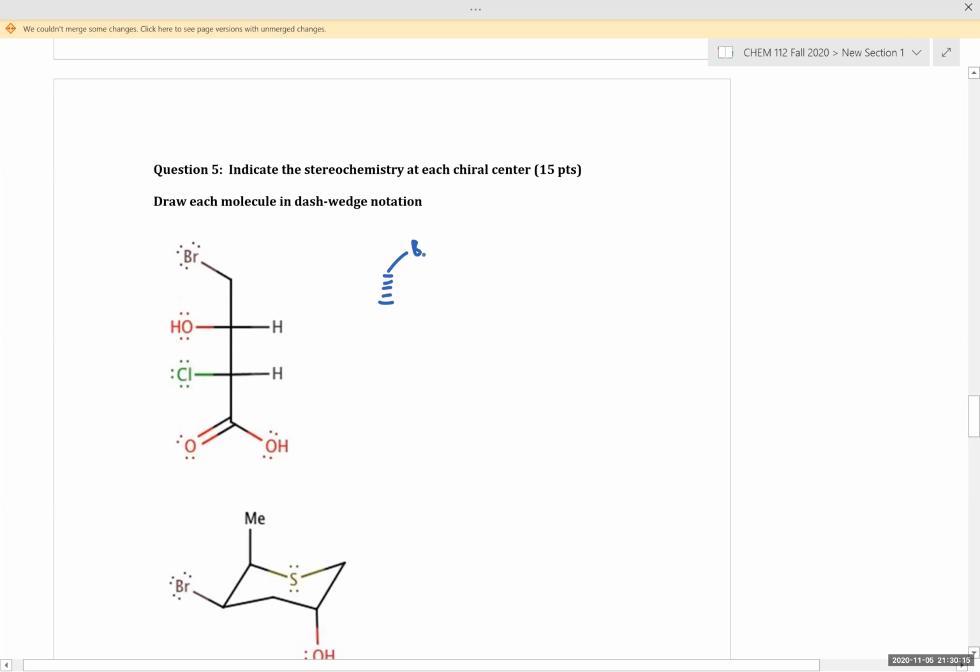We have our bromine in back, both the hydrogen and our hydroxyl group are pointing out towards us. We have our hydrogen and chlorine pointing out. And we have our carboxylic acid pointing away from us.